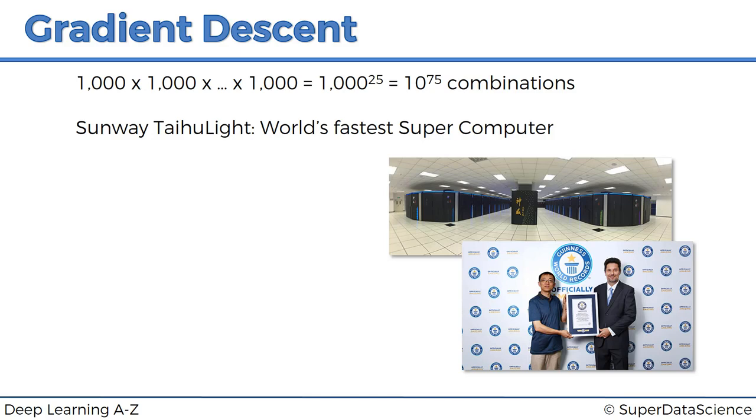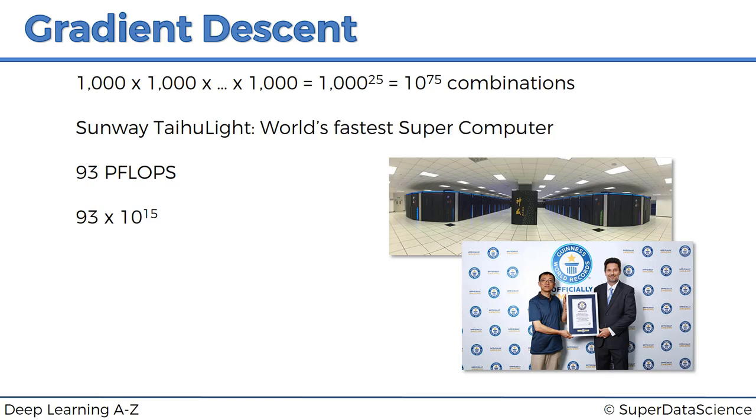Right now it is the fastest in the world, and it can operate at a speed of 93 petaflops. A flop stands for floating point operation per second. So it can do 93 times 10 to the power of 15 floating point operations per second. That's how quick it is.